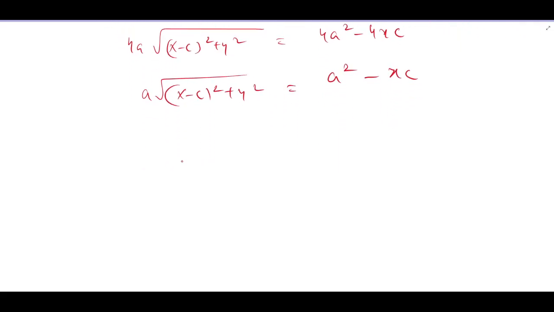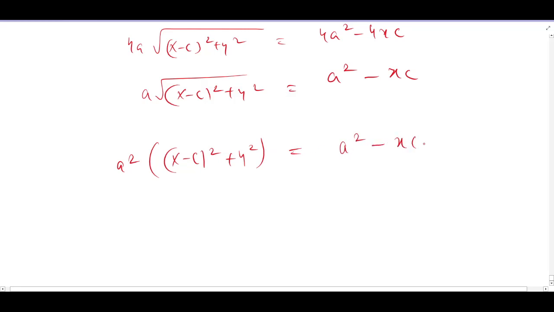Square both sides of the equation. a square times x minus c whole square plus y square is equal to a square minus xc whole square.